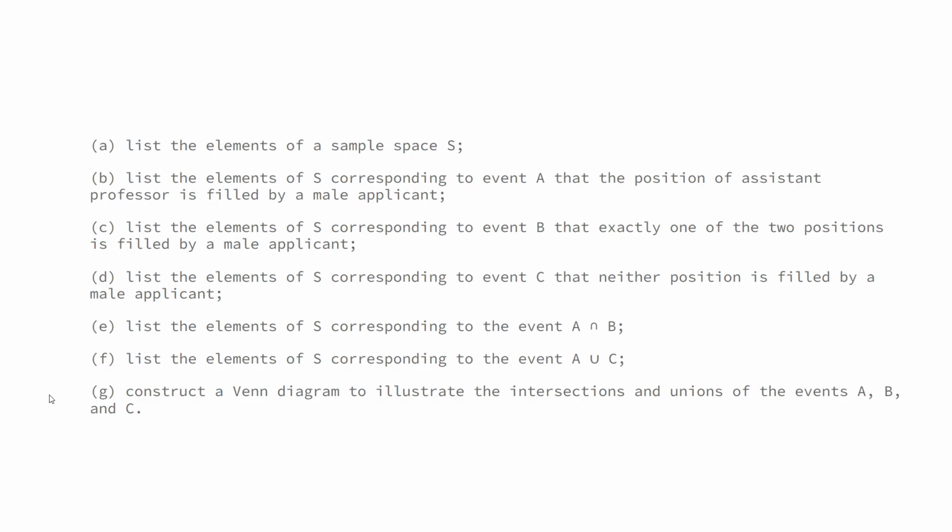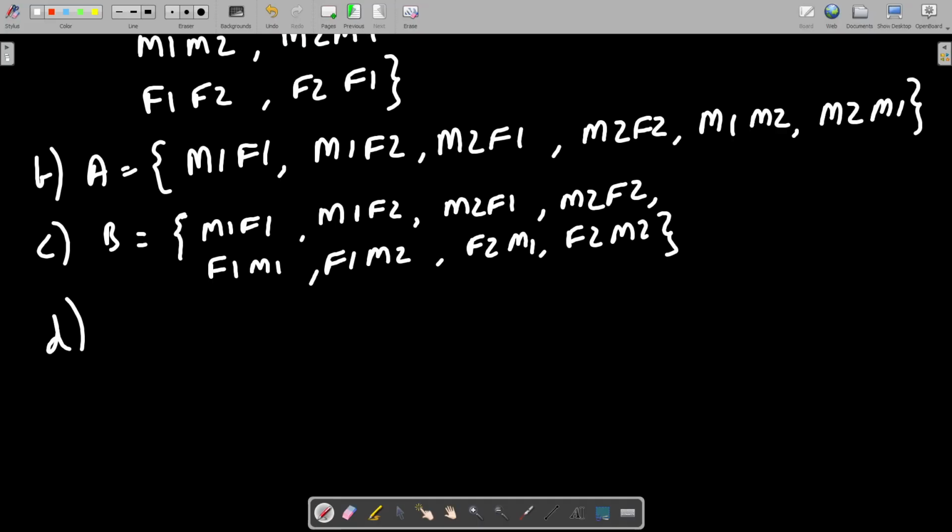None of the 2 positions is filled by a male applicant. So none of the positions are male applicants means what? Only females. So F1, F2 and F2, F1.